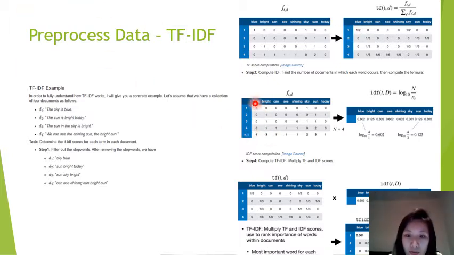Since we have four rows, we will use this method to calculate the weight, for example, of blue in the whole set of four sentences. And next, we will compute the TF-IDF.